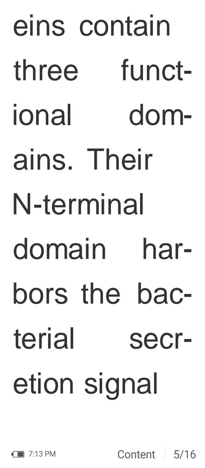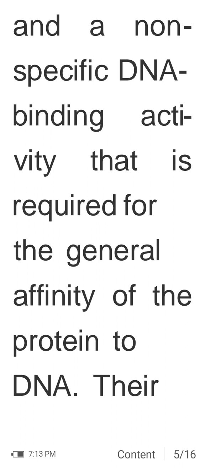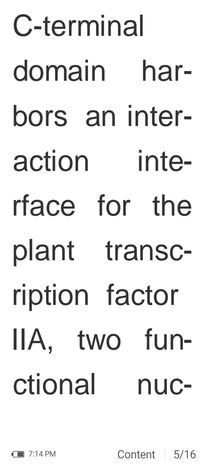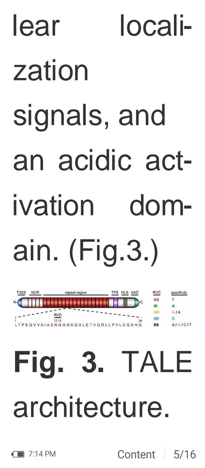TALE proteins contain three functional domains. Their N-terminal domain harbors the bacterial secretion signal and a non-specific DNA binding activity that is required for the general affinity of the protein to DNA. Their C-terminal domain harbors an interaction interface for the plant transcription factor IIA, functional nuclear localization signals, and an acidic activation domain.